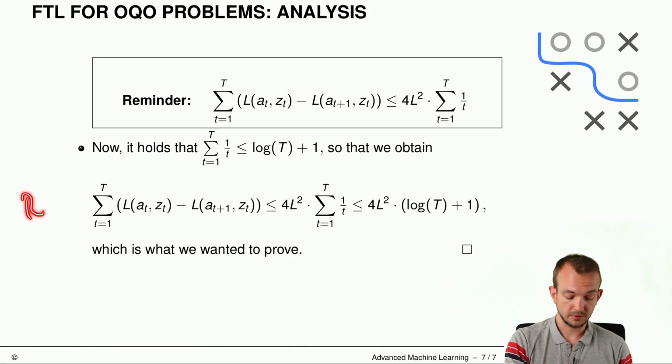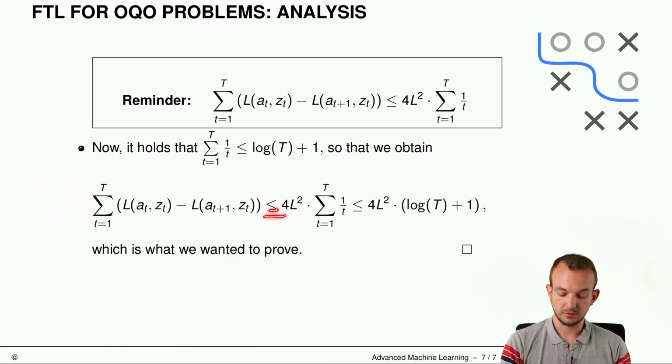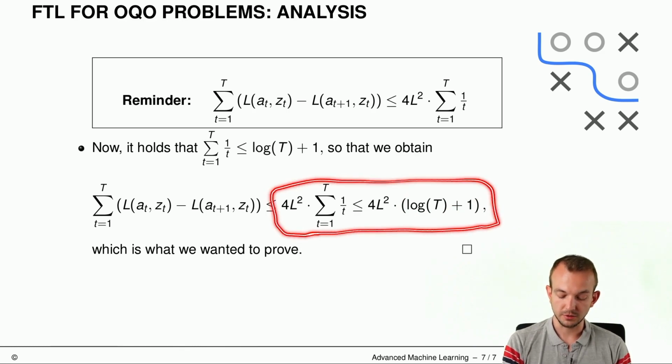Remember, we have bounded the regret of the follow the leader algorithm by this sum here due to our useful lemma. And we just have shown that this inequality holds true, and now we know the harmonic series is only growing logarithmically, essentially. We add here a plus 1, and we end up with the claim we wanted to show.